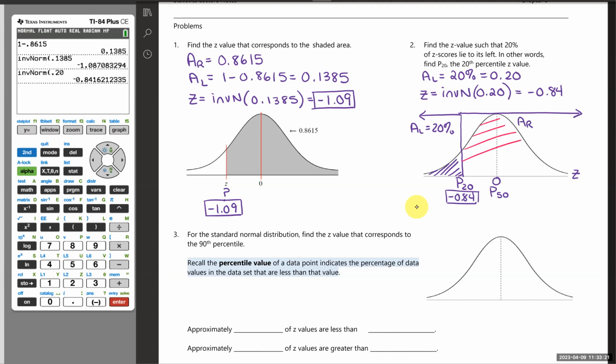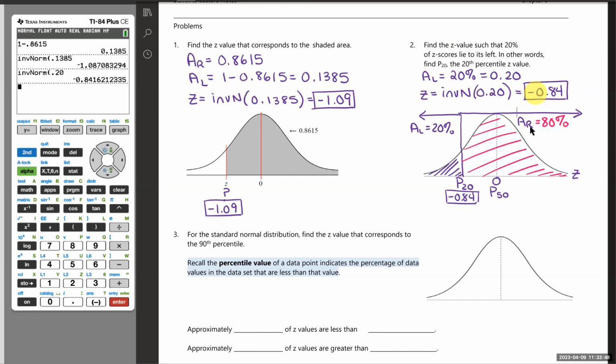So all this area to the right of it will be the complement of the left of it. So if 20% is to the left, the other 80% is to the right. Okay, and we'll continue and revisit percentiles, but that's our answer then for that one.